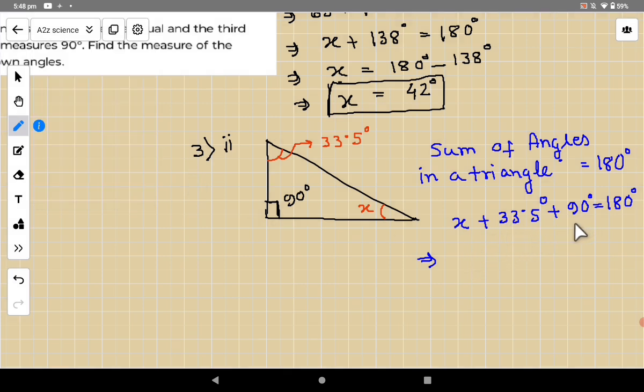Now add up the known values, so x plus 90 and 33.5, so 123.5 degree equals 180 degree.